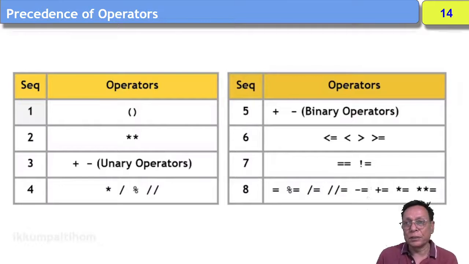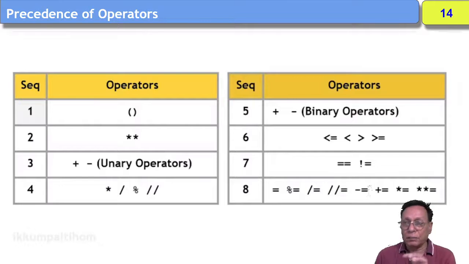On third position, the unary operator comes. In unary operators, we have two, plus or minus. Unary operators are those operators which are inserted before the expression. Plus is the operator which is by default inserted before the expression, and minus is another unary operator which can be inserted before the expression.